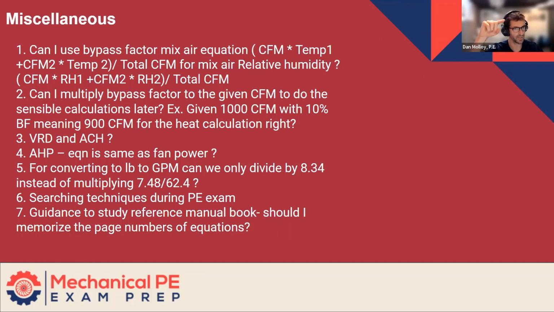I would actually draw on the psychrometric chart, get your two state points, make a line, and then find the point in between, or work with the humidity ratio on the vertical axis, because that is linear. Once you find the dry bulb temperature on the horizontal axis and the humidity ratio on the vertical axis, you'll get the exact state point, and then you can just read the relative humidity off the chart.